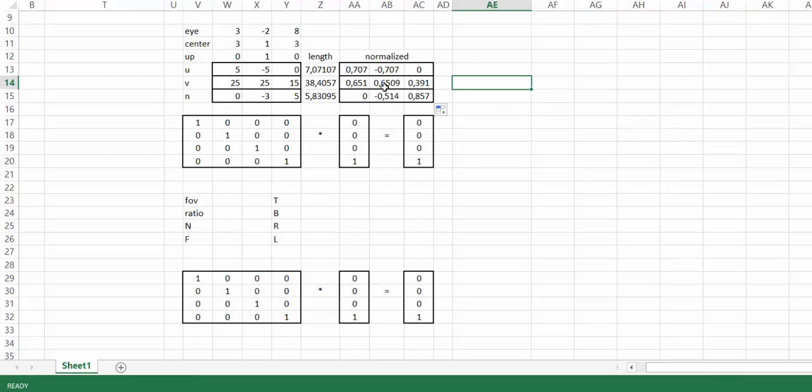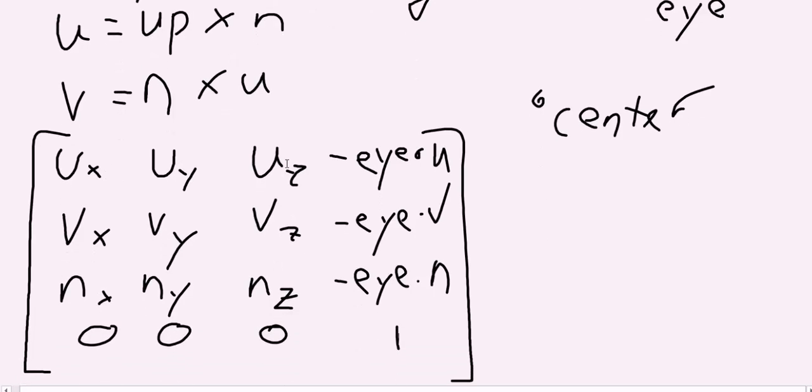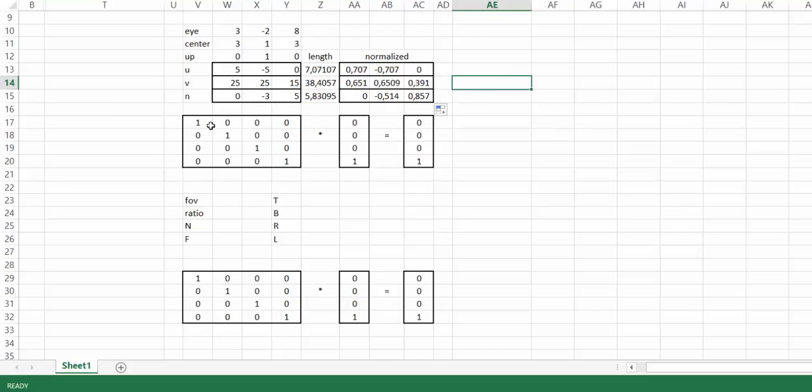So now what we have to do is simply build this matrix here. We have this matrix here, ux, uy, uz, and then this dot product. So let's just start with ux, this equals y equals 0.